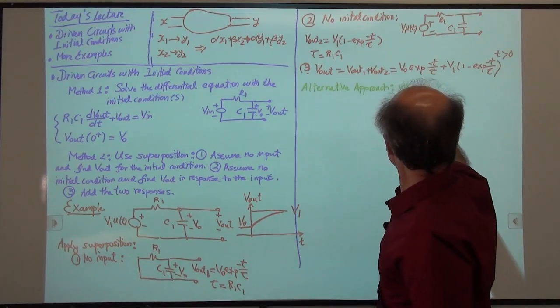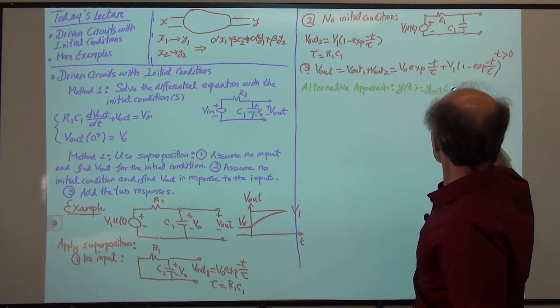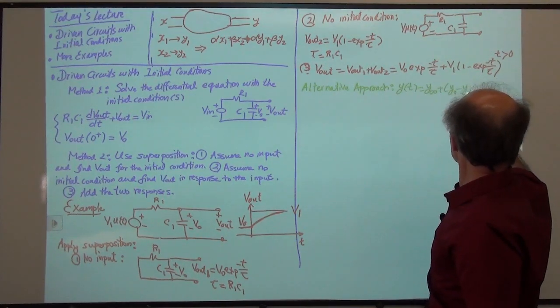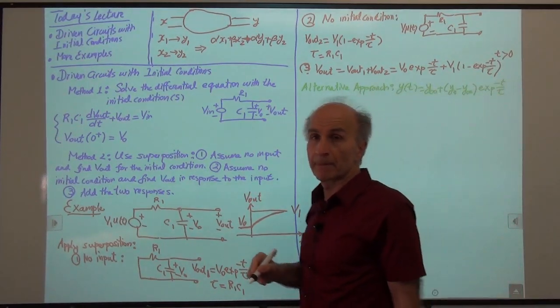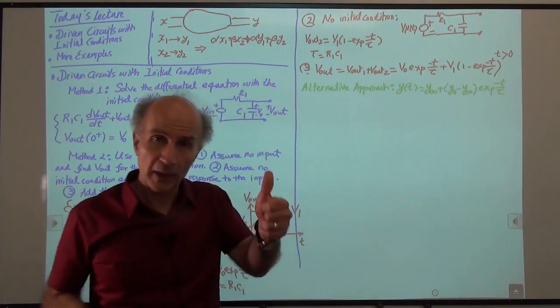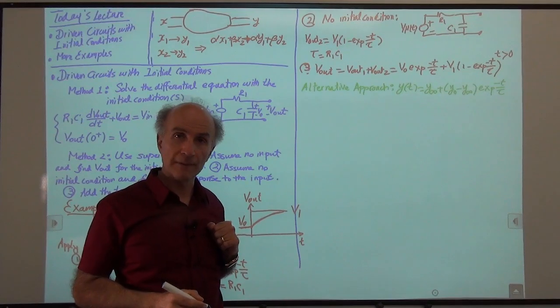I can say y of t is equal to y infinity plus (y0 minus y infinity) exp of minus t over tau, right? So if I can find y infinity and y0 quickly, then I can definitely write the equation.